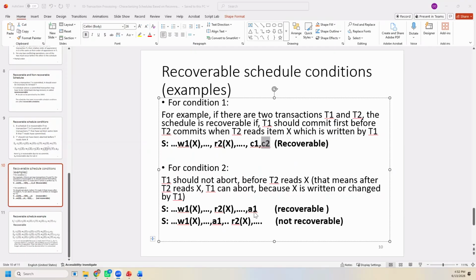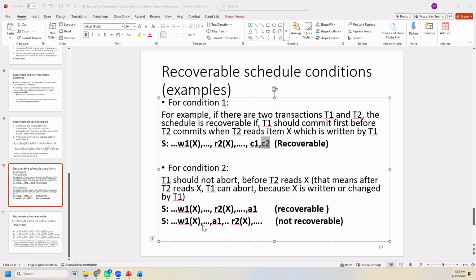Then here, if this A1 operation comes before this R2X, this is not recoverable because this T2 reads item X which is already aborted, right?